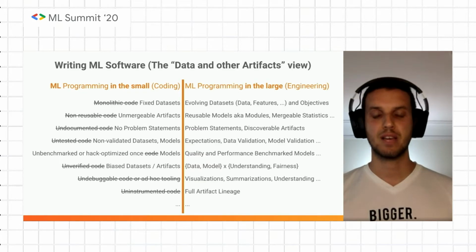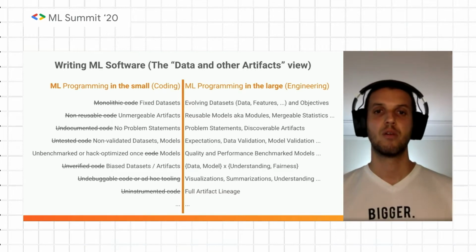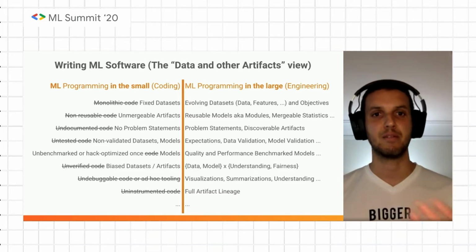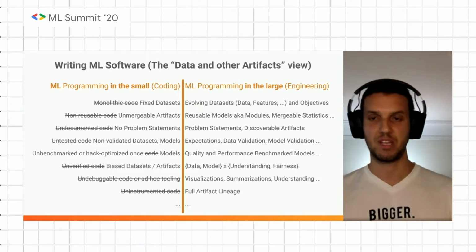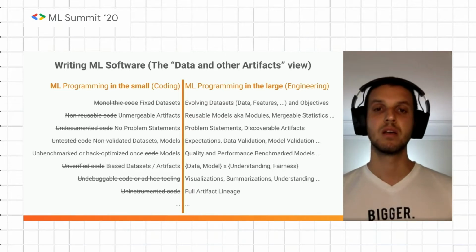When we write a machine learning solution, we have several concerns and issues that we need to deal with. On the left-hand side, we have coding issues, and on the right-hand side, we have machine learning issues at scale.